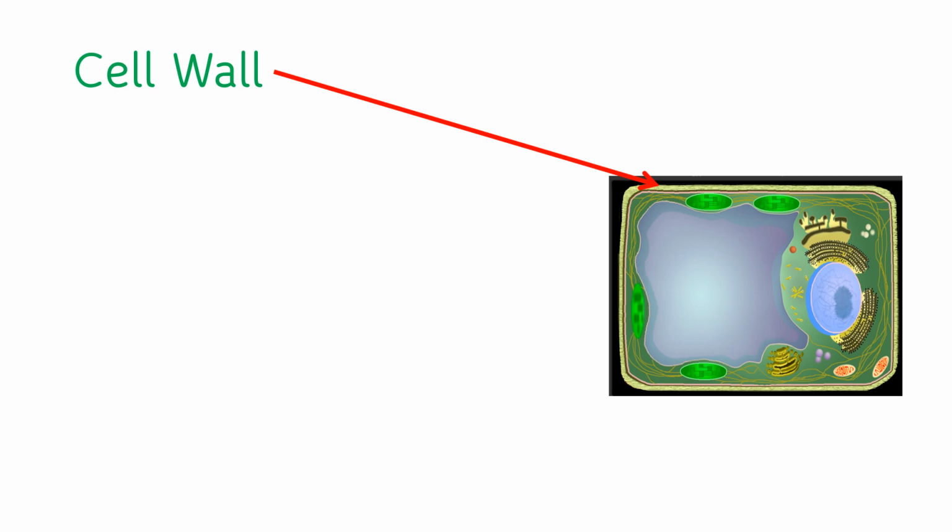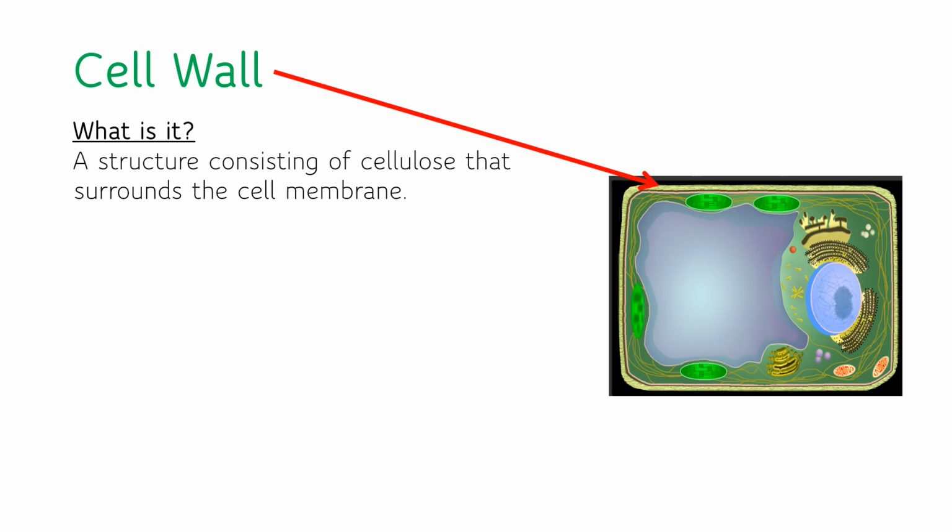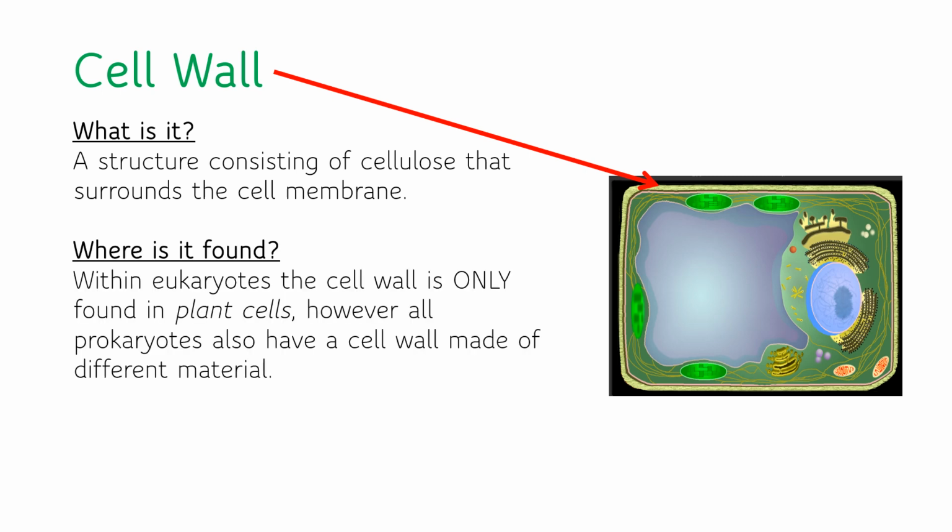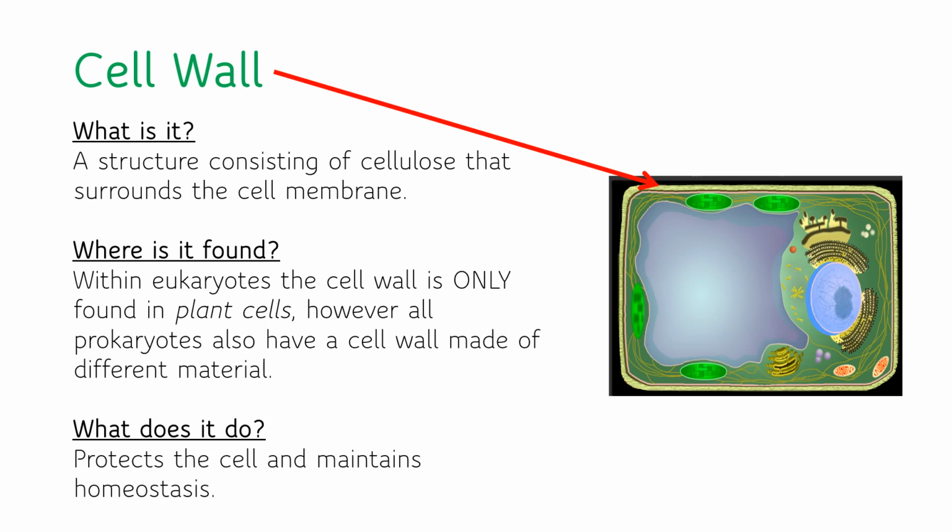Our last organelle that we're going to look at is the cell wall, and it is a structure consisting of cellulose that surrounds the cell or plasma membrane, found in both eukaryotes and prokaryotes. Within eukaryotes, they are only found in plant cells. However, prokaryotes all have a cell wall, but it's made up of different materials.